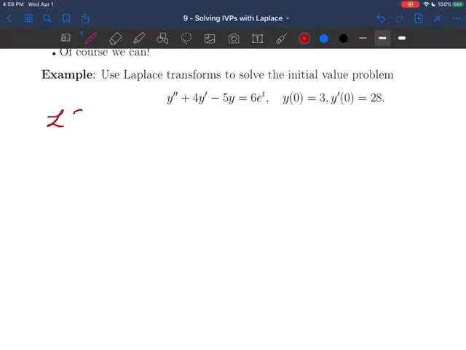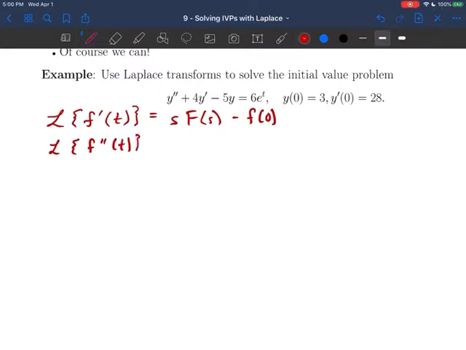To do that, we have to recall some rules that we have seen before. So I just want to quickly recap what those are. The first is that if we want to take the Laplace transform of f prime of t, then what we have seen is that it will be equal to s times the Laplace transform of f minus f of 0.